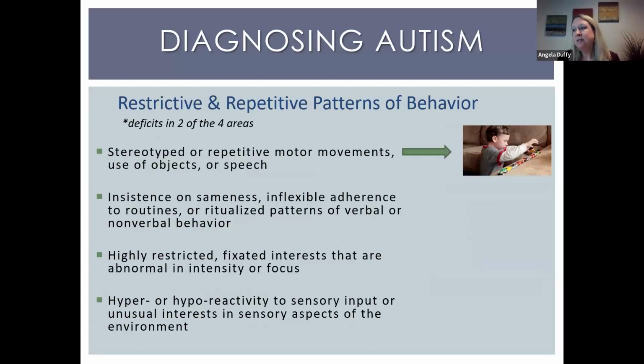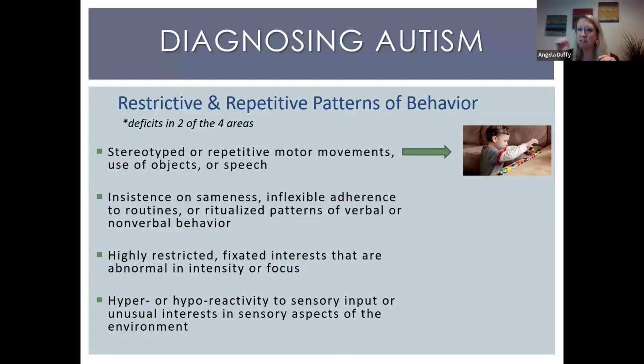I put the picture that usually comes up, the lining up of toys. That's just one area in this first area. We also see individuals stim, so we might see hand flapping, pacing, vocal stims, laughing, humming.